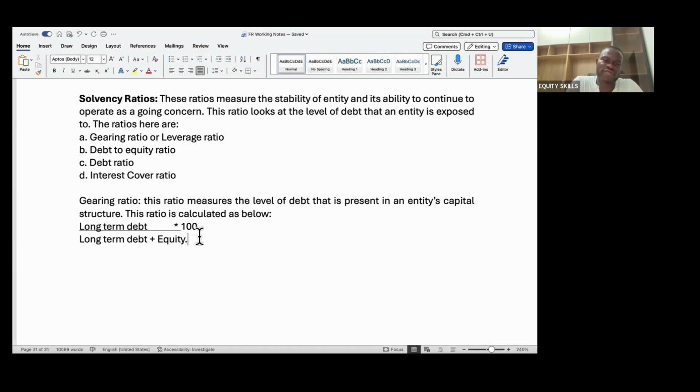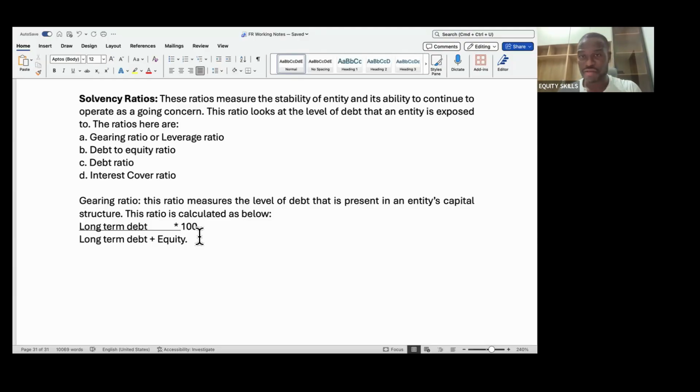Even though there's nothing wrong with having debt in your capital structure, when it goes above 50%, it means that the company is highly leveraged or highly geared, and it exposes the company to financial risk.